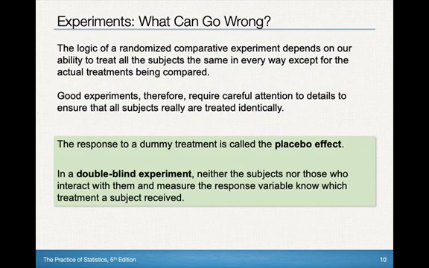Okay, there's always things that can go wrong in an experiment, and you may have heard of the idea of a placebo effect. And that is if you give somebody a fake treatment. So perhaps in a medical study, if you're trying to test the effectiveness of a drug, one group will often be given the drug and another group will be given a fake sugar pill, or if the drug is an injected drug, it could just be saline in the shot they're given, so that perhaps they think they're being given a medicine, they just don't know if they got the fake treatment or not.